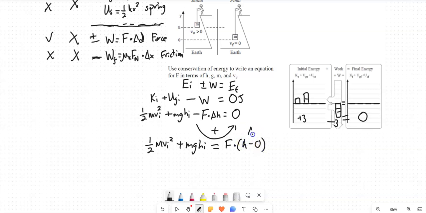That is delta H. So in other words, this is just F dot H, right? All right, so now we have to divide this onto the other side.